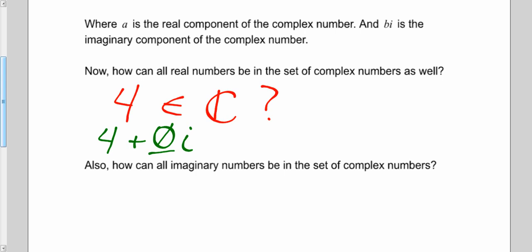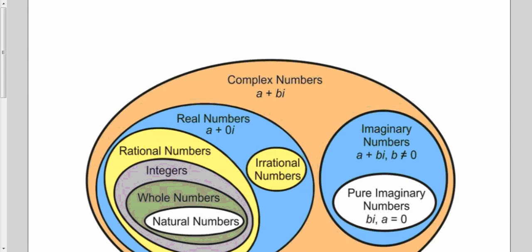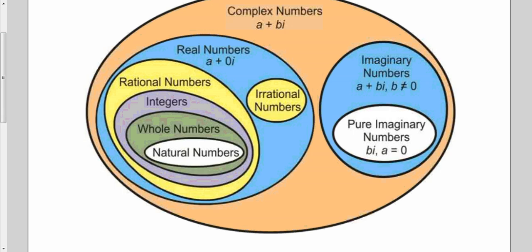For all imaginary numbers to be in the complex numbers, this is basically 0 plus 3i. For this to equal this, it should be 0, right? Just because I don't write it down doesn't mean it's not there. Right? Okay. These are the Venn diagrams of which we spoke.